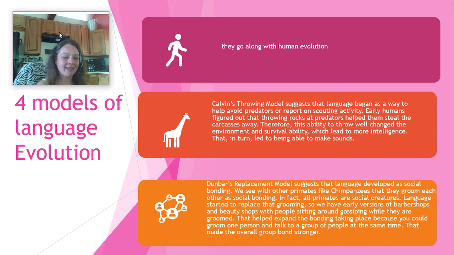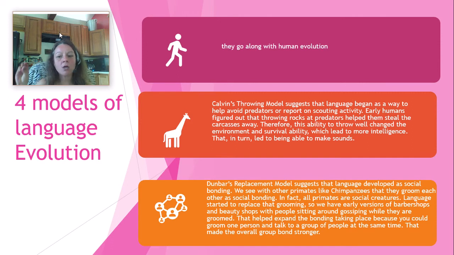So we thought that it started out with them throwing rocks to scare predators away from them, or, to get meat, say maybe a lion just killed a gazelle and you're hungry and you want to go get that gazelle. So they throw rocks, scare it away, go get that gazelle carcass.